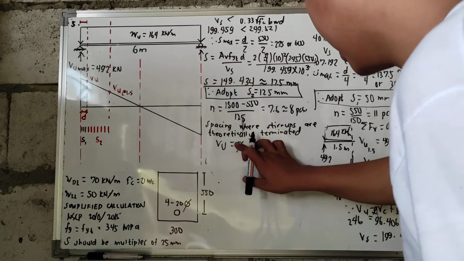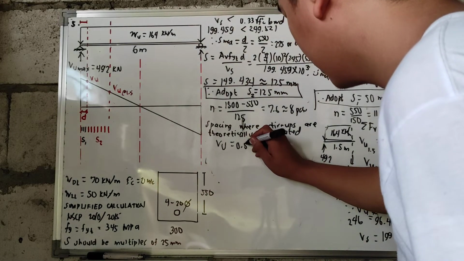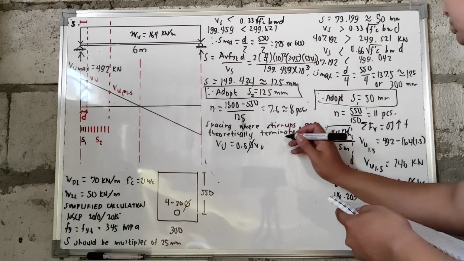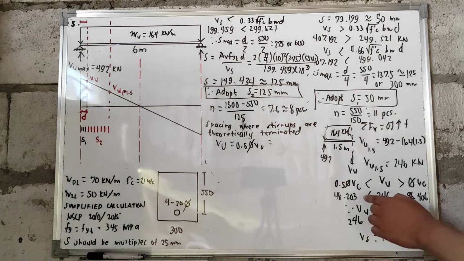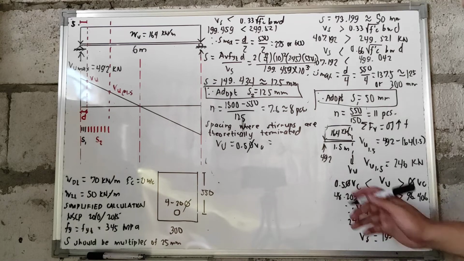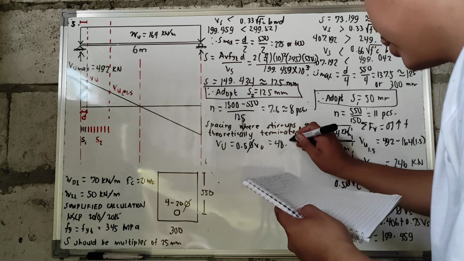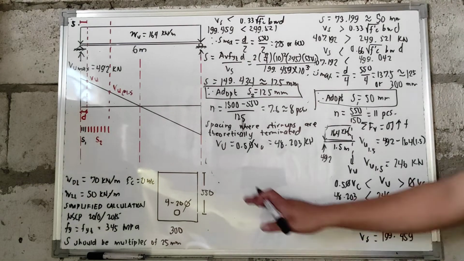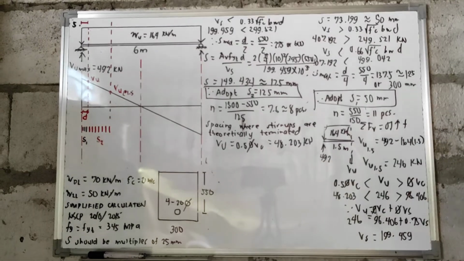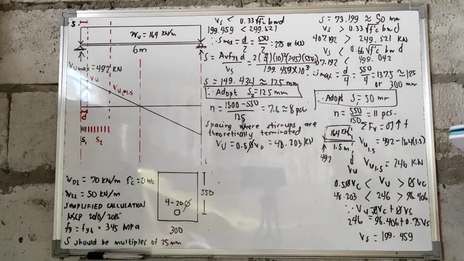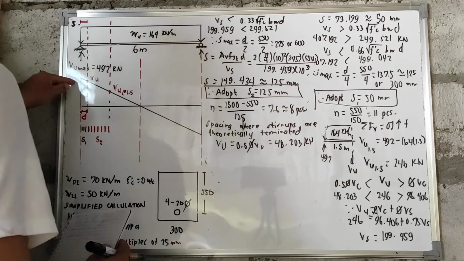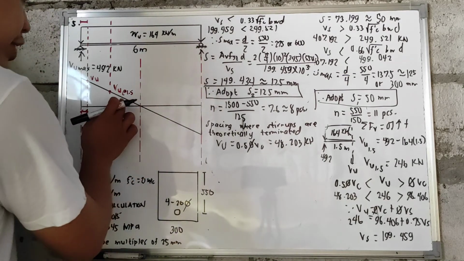Para mas magandang tingnan, unahin natin yung 0.5 reduction multiplied by VC. So, that will be equal to yung kalahati niya, that is 48.203 kilonewton. So, yung VU natin is 48.203. Ngayon, yung tanong dito is, what is the distance? Okay. So, mapapansin natin, pababa ngayon yan. So, somewhere here.